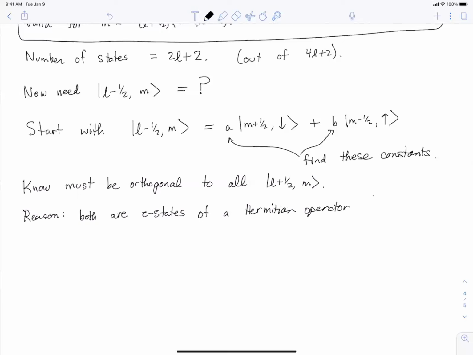In this case, the Hermitian operator is j squared with different eigenvalues. So we have some theorem from a long time ago that says if you have a Hermitian operator with eigenkets that have different eigenvalues, they have to be orthogonal.